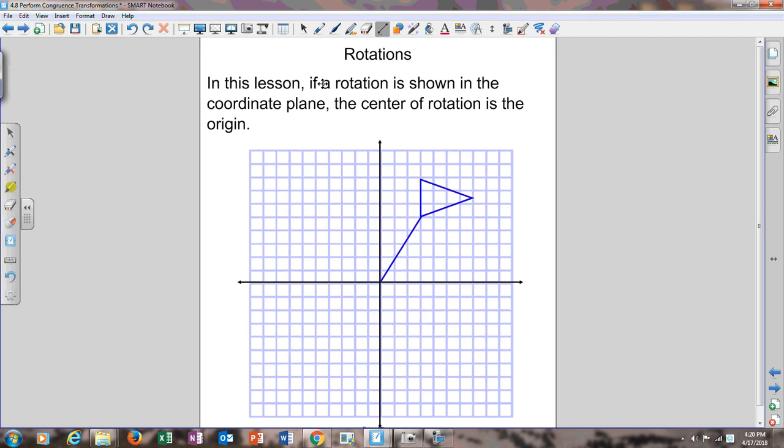All right. In this lesson, if a rotation is shown in the coordinate plane, the center of the rotation is the origin. And so if we're looking at rotating this figure, it's going to be based off of the origin that you're rotating. And so instead of just rotating it like this, it has to rotate based off of this point.